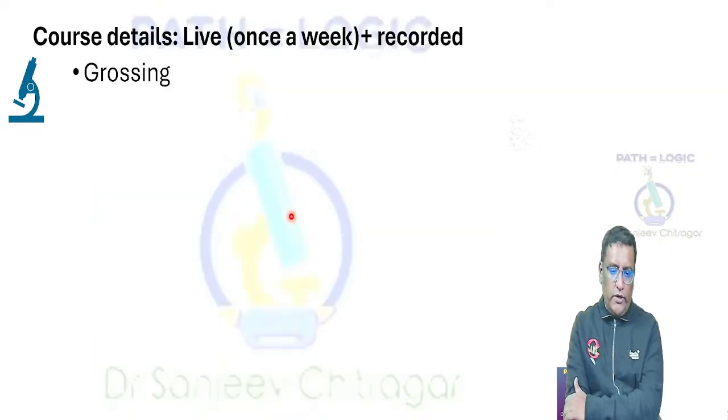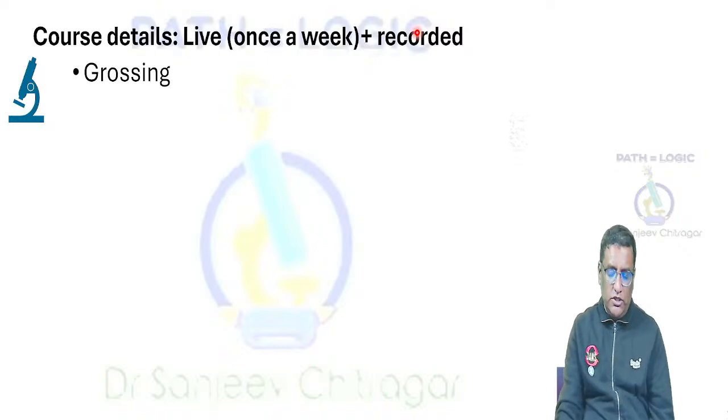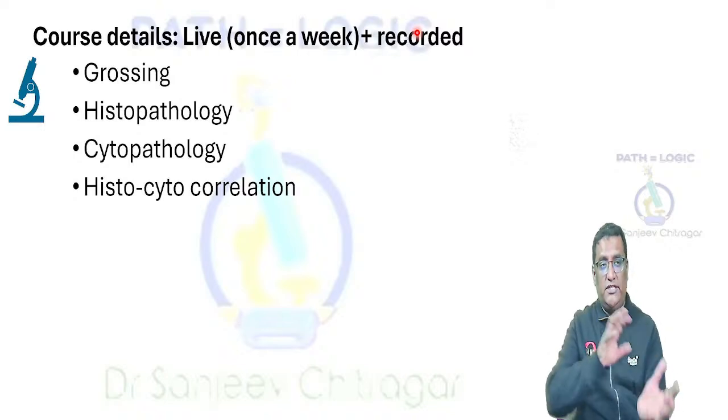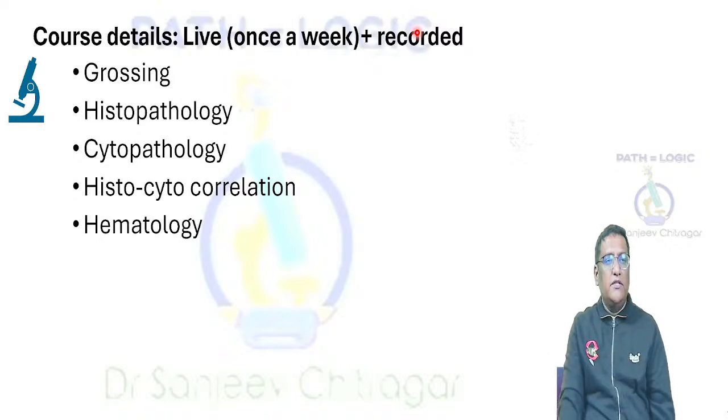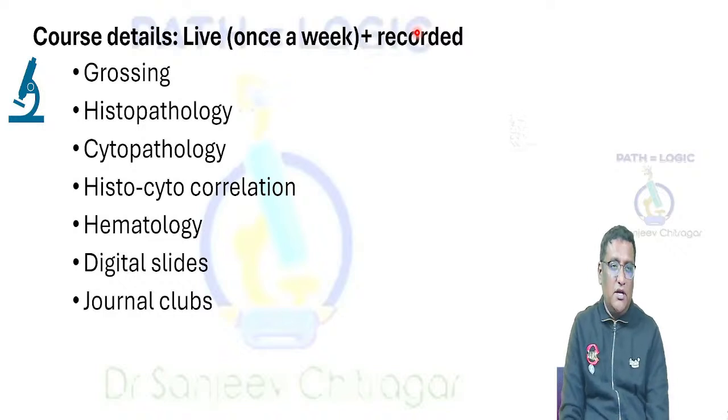And this course will include, as I told you, a live class happening once a week, plus already recorded classes. Already 100 plus hours are available. So this will include grossing, histopathology, cytopathology, and histo-cyto correlation, where histopathology and cytopathology are correlated. Then there will be hematology also in this. Digital slides I'll be giving you. I have started journal clubs as well. Only one journal club we had, but yes, we started.